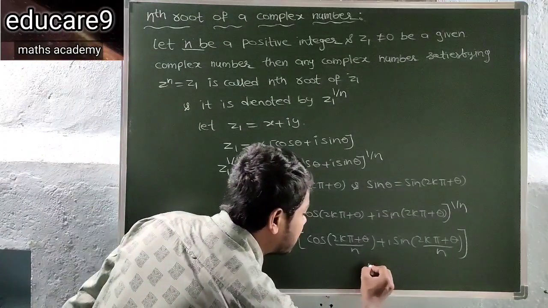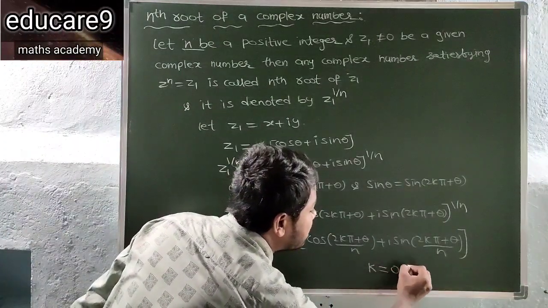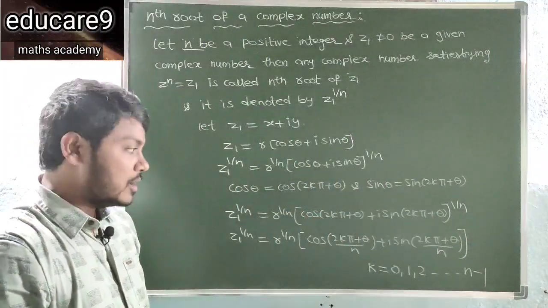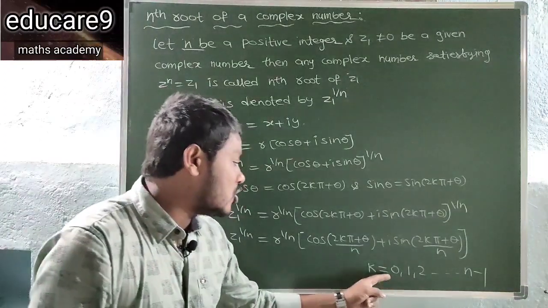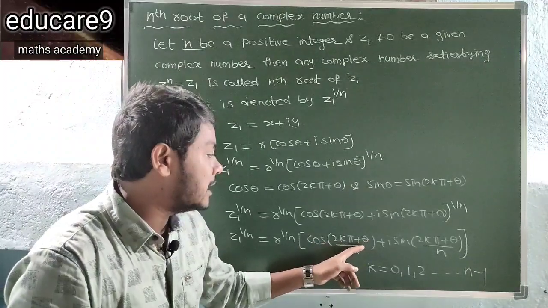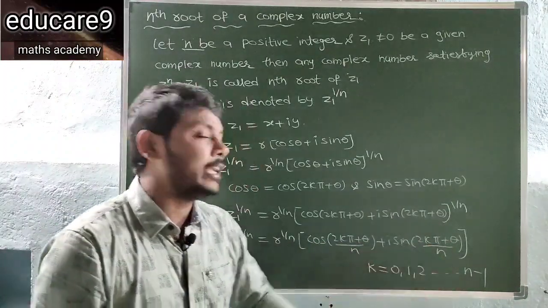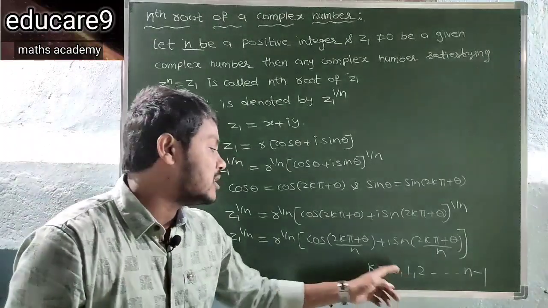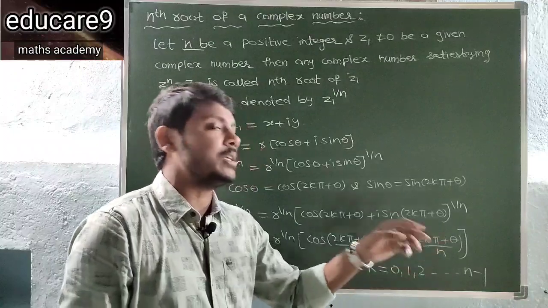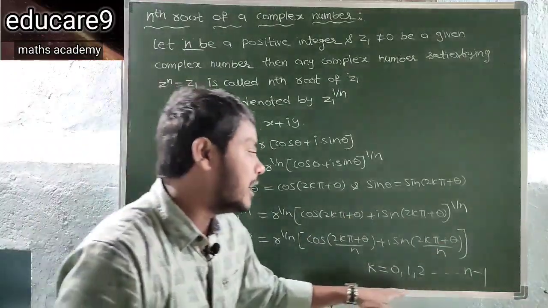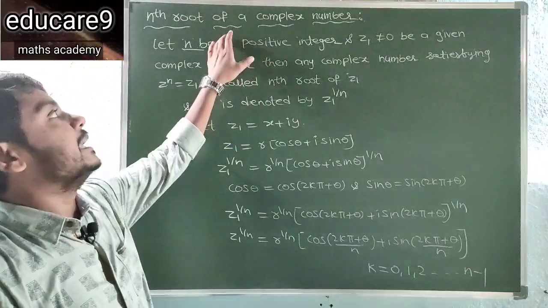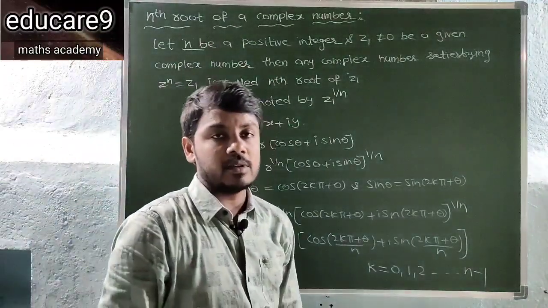For that, take k values 0, 1, 2 and so on up to n minus 1. If k equals 0, you get cos theta by n plus i sin theta by n. That is the first root. If k equals 1, then cos of (2 pi plus theta) by n and sin of (2 pi plus theta) by n. That is the second root, and so on for n roots. This is the nth root of a complex number.